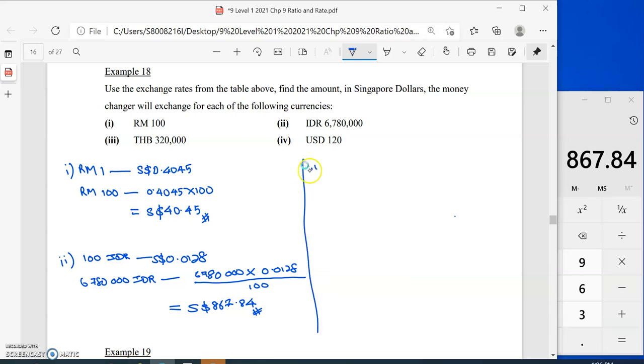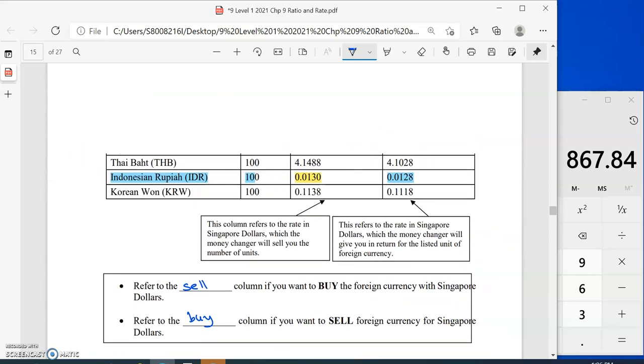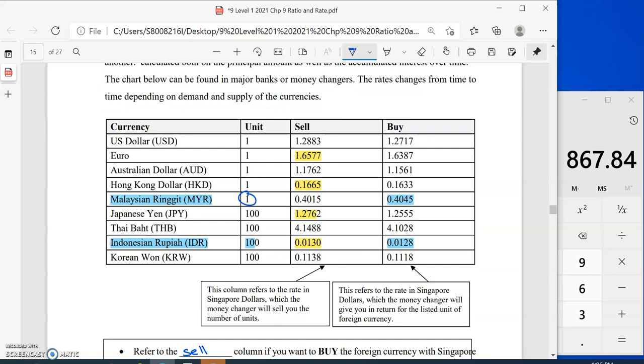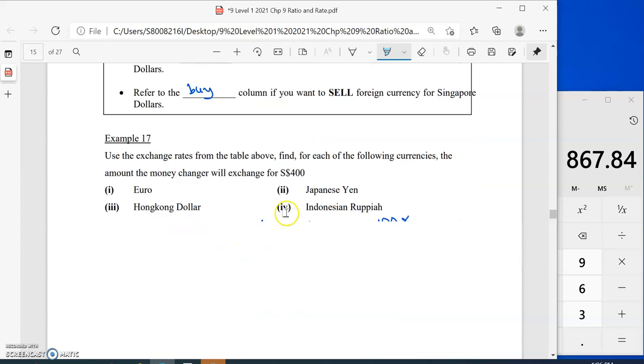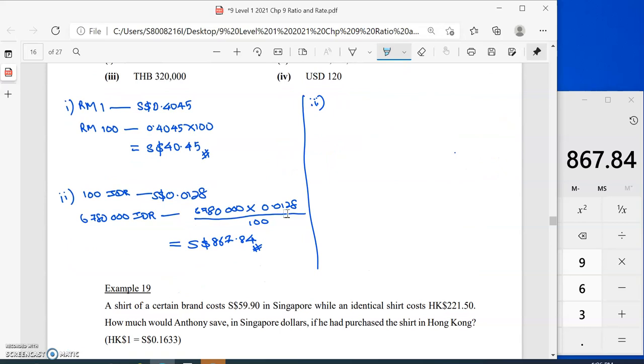What about Thai baht? Let's look at the exchange rate for Thai baht. Go back to the table. You will see that this time round, the money exchanger is going to buy Thai baht from me. Him buying Thai baht from me, this is the rate. I know he's going to give me 4.1028 Singapore dollars for 100 units of Thai baht. Let's note that down as well.